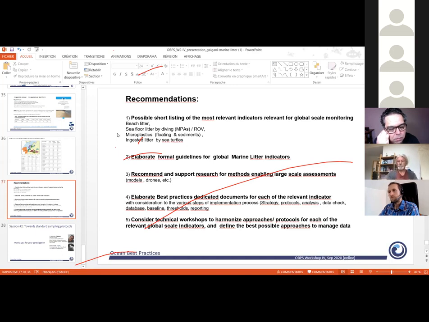Also, normally the identification and development of GOOS EOVs takes a long time and needs very extensive discussion and examination. But in terms of marine debris, lots of efforts have already been made. For example, GESAMP has done a great job, and the harmonization of the methodology has already been identified and also recommended.